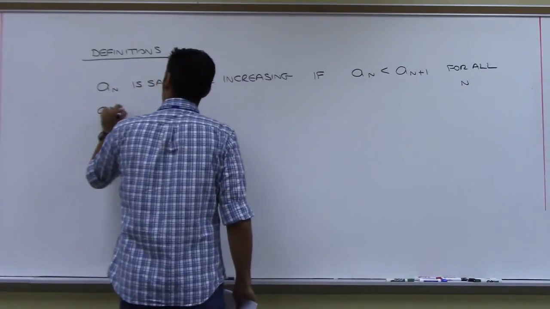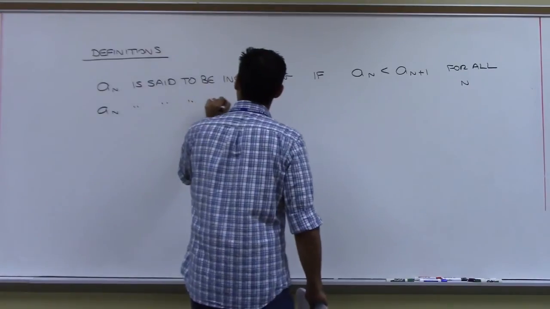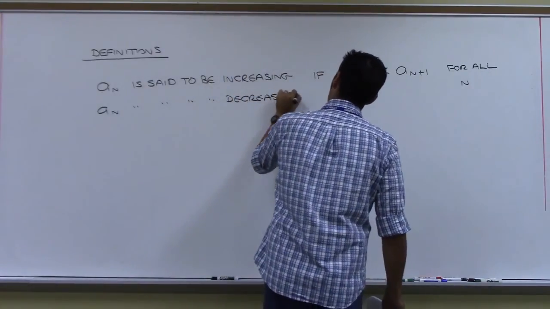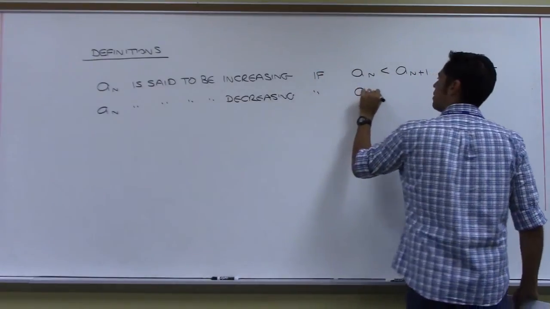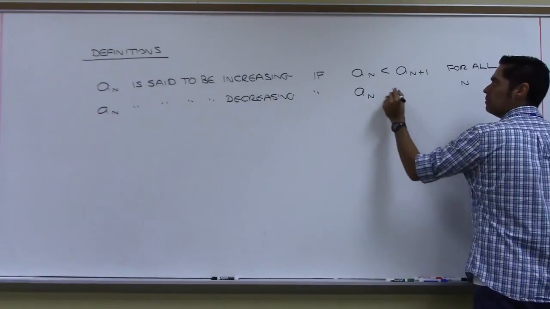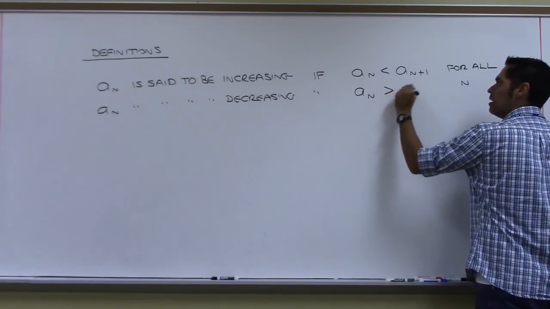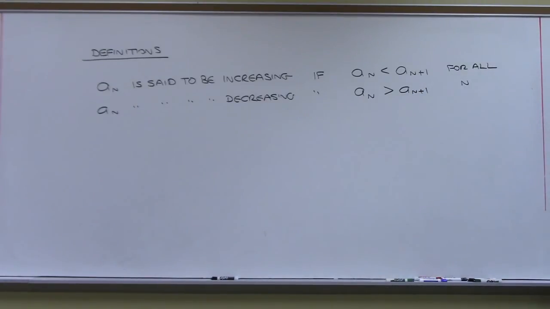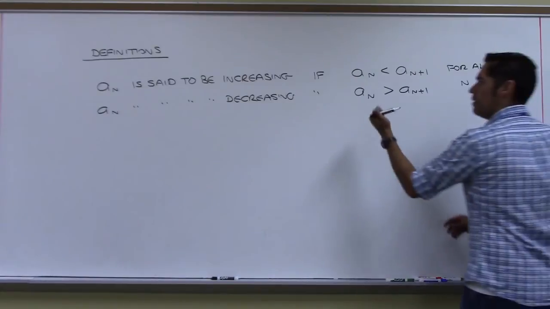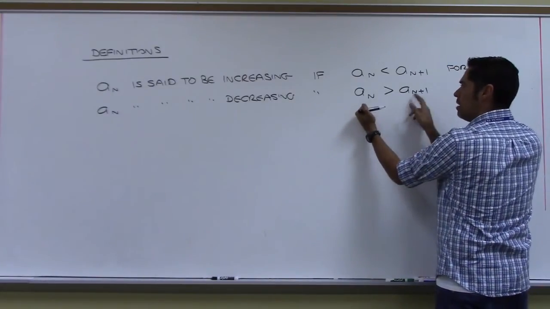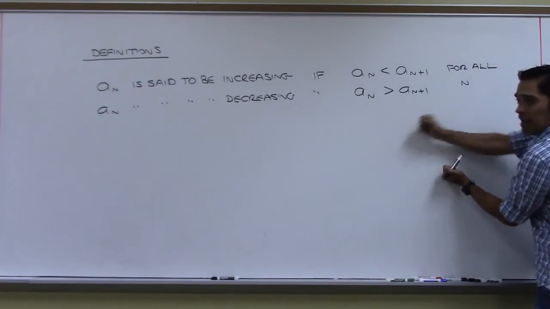A sub n is said to be decreasing if a sub n is greater than a sub n plus 1 for all n. So it's the opposite. You have a dot here, and this one has to be bigger than the next one. And that one has to be bigger than the next one, and the next one.